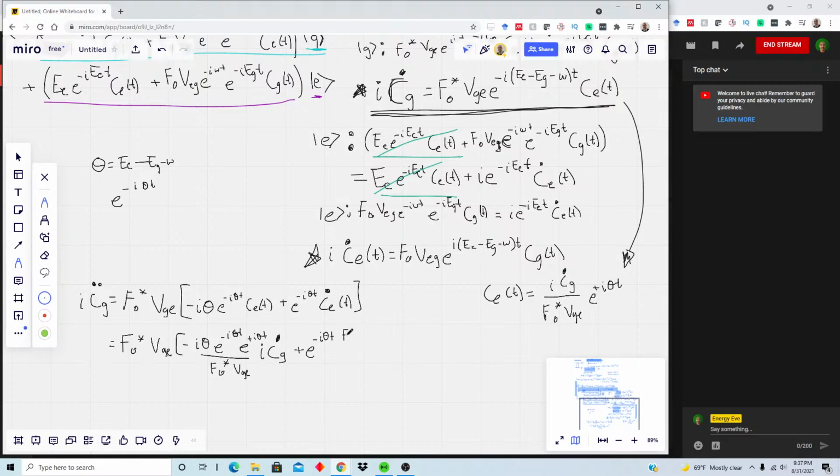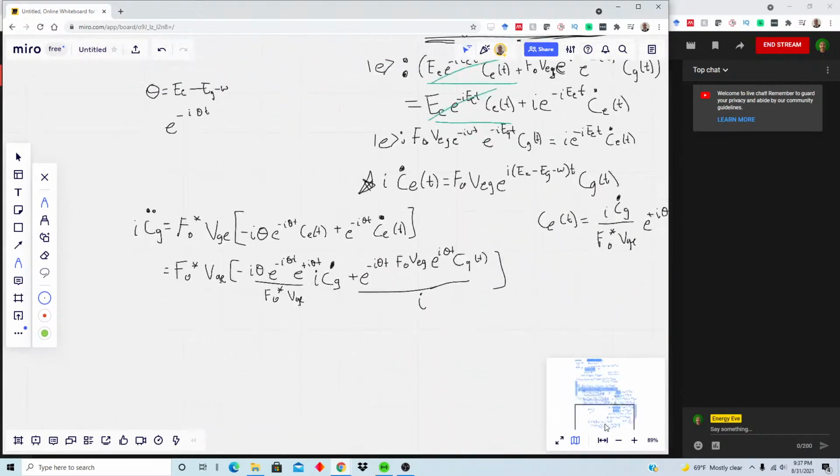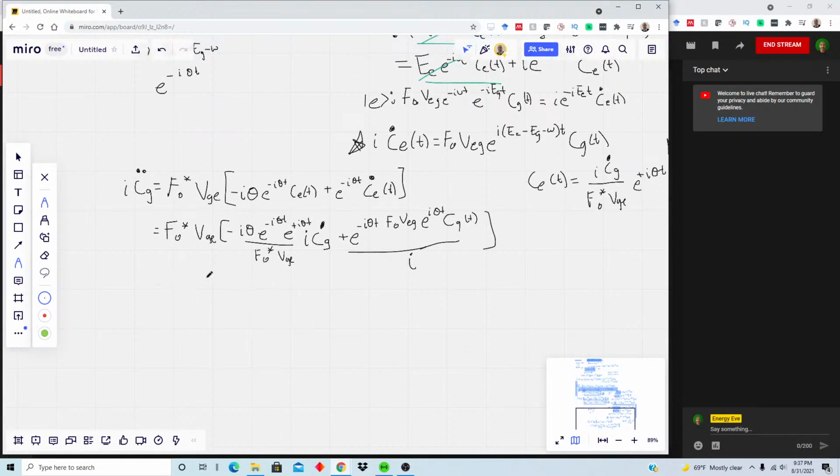We have f omega GE times e to the i theta t, remember this is theta, g of t, and we can't forget to divide by i. And so let's now see where we're at with this.